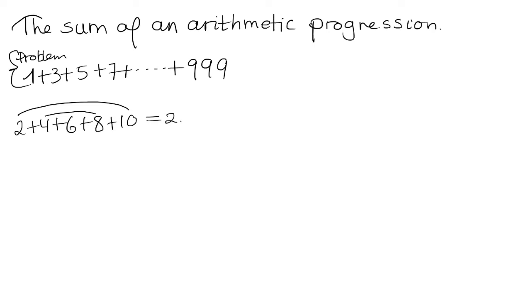So we have 2 multiplied by 12 plus the last remaining term here, which is 6. So the sum is equal to 2 multiplied by 12, which is 24, plus the remaining 6, which is equal to 30. Okay, with that in mind, let's look at something else.